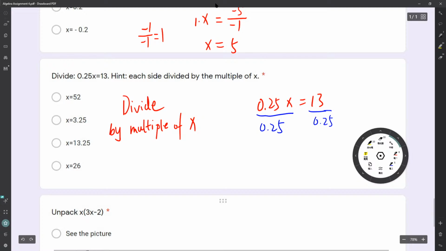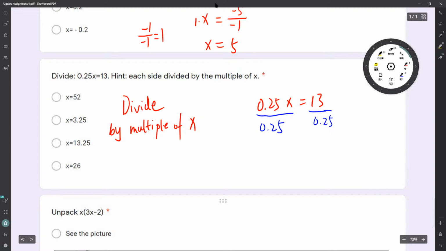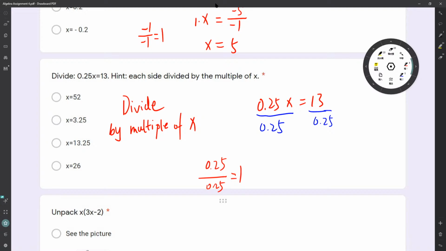It's 0.25, then I just divide by 0.25. And when you divide by the multiple, the result is always the same. Multiplied by 0.25, then divide by 0.25. 0.25 divided by 0.25 will always give you just 1, because it's the same number divided by itself.